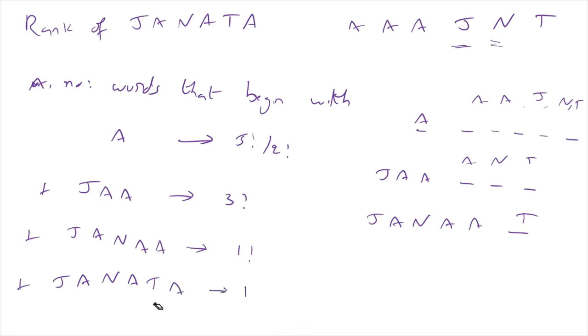This is my original word, so the number of words that begin with JANATA is 1. Therefore rank is equal to the sum of all these things, which is 5 factorial upon 2 factorial plus 3 factorial plus 1 factorial plus 1. No need to expand, you can just leave it as it is.